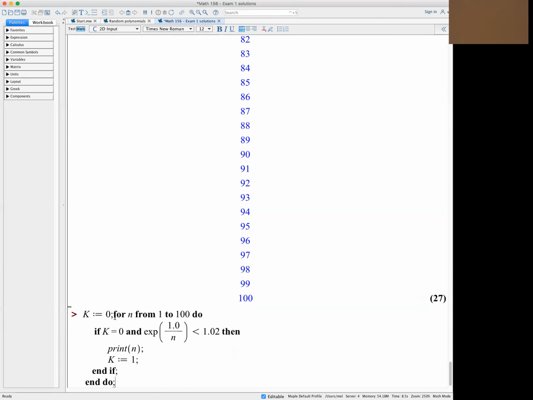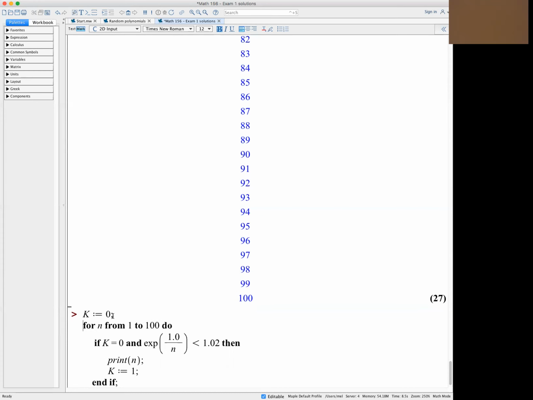And now you have to think a little bit about what this says and why and how. So I start off setting k to be 0. And then I look at the first 100 numbers. And for each number, if k is 0, and this is less than 1.02, the first time that happens, I print n. But also the first time that happens, I change k equal to 1.